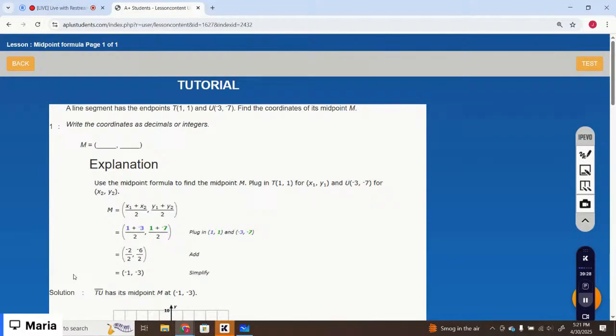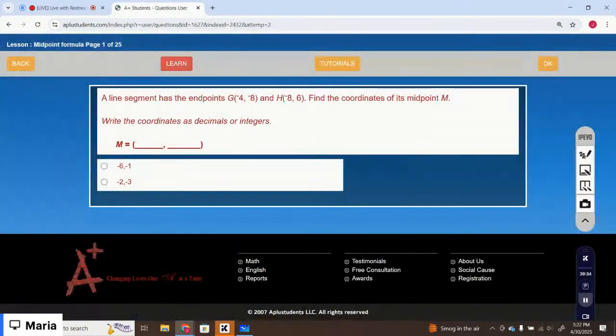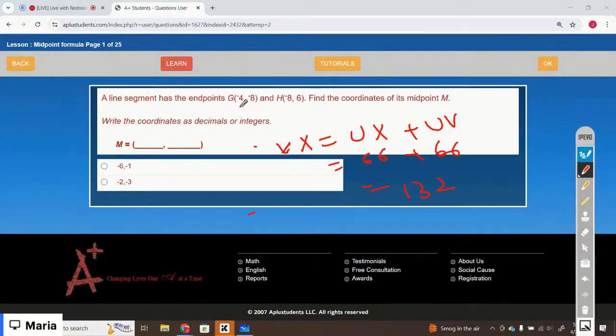Let's just start with the test questions. A line segment has the endpoints G(-4, -8) and H(-8, 6). Find the coordinates of its midpoint. So this is x1, y1.